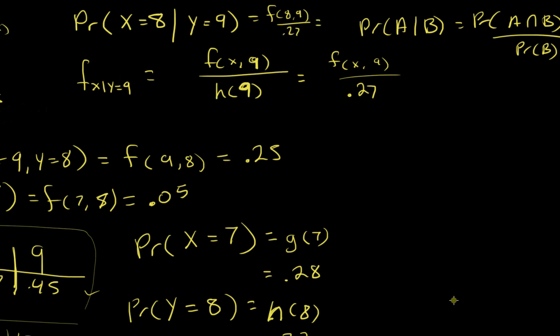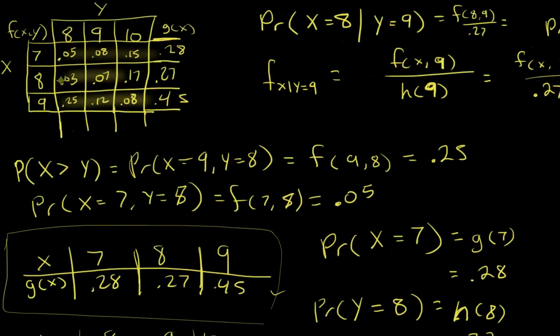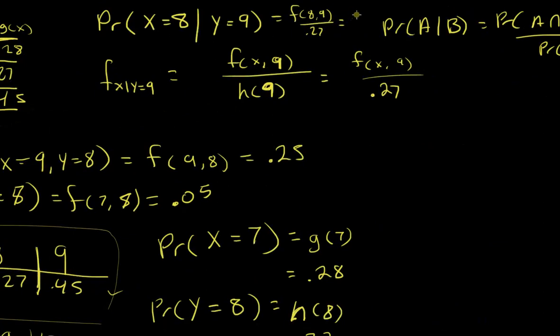What's f of 8, 9? F of 8, 9 is 0.07 divided by 0.27. So 0.07 divided by 0.27 is 0.259, rounding to 4 decimals, 0.2593. All right.